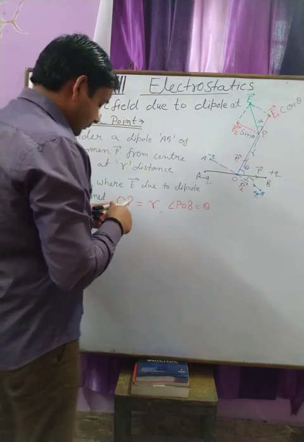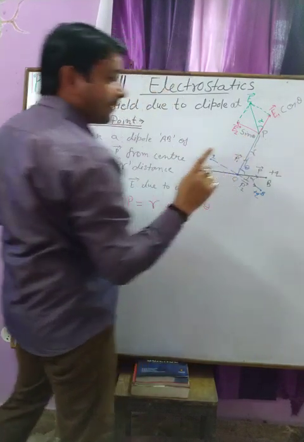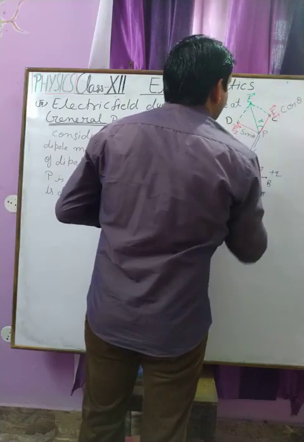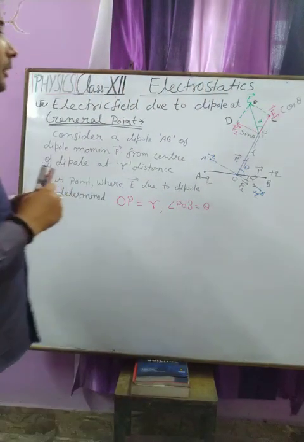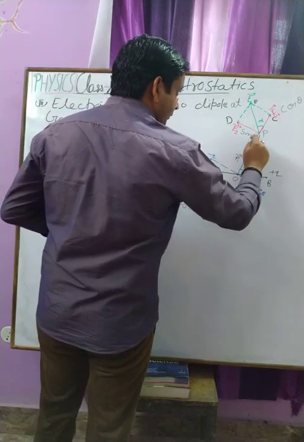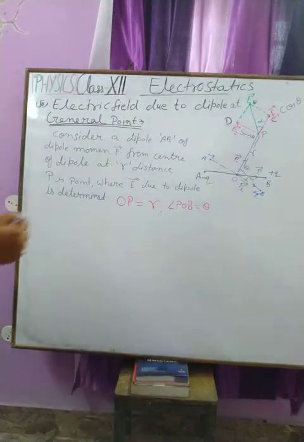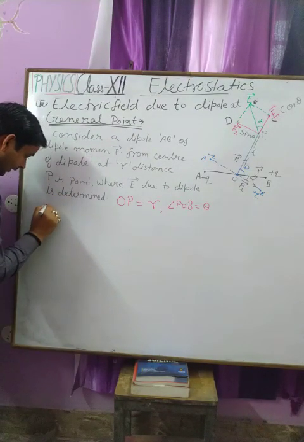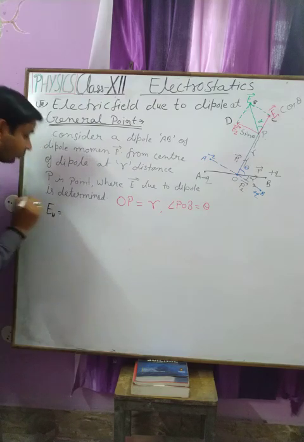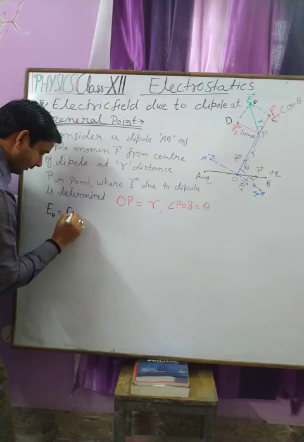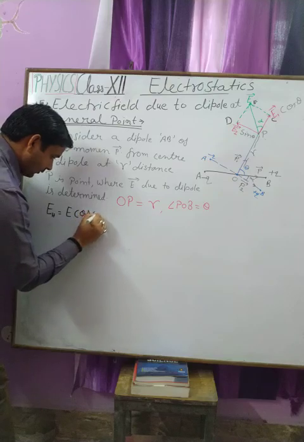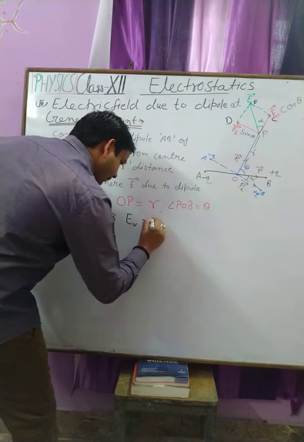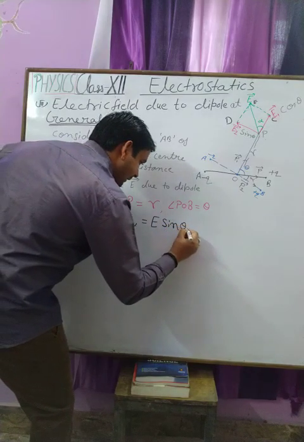Now by using the electric field components in the direction of the horizontal rectangular component of the rectangle PDEC, we are getting the horizontal component of the electric field as E cos theta, and the vertical component E sin theta.